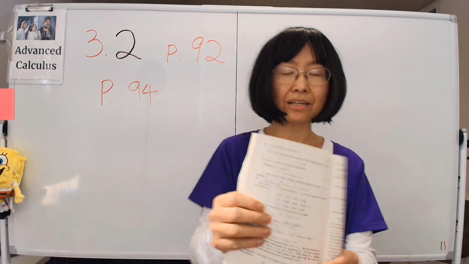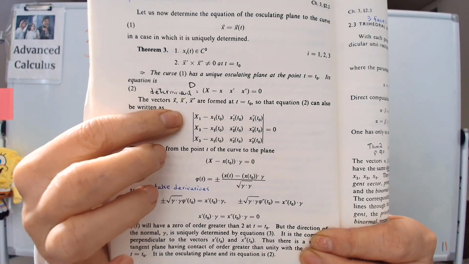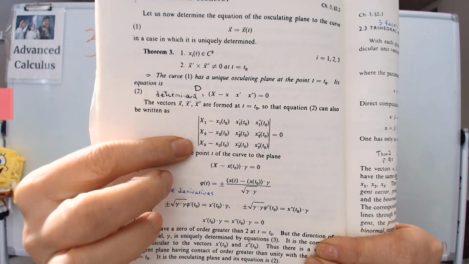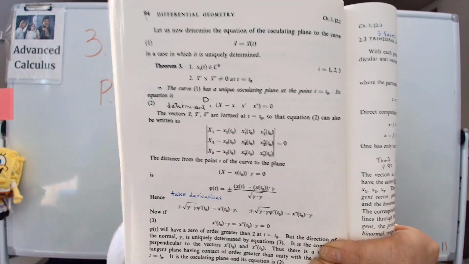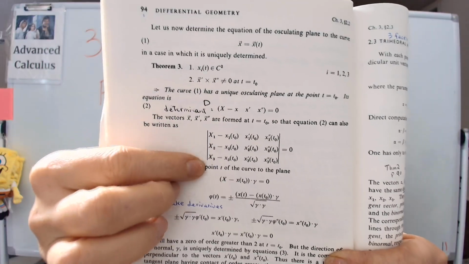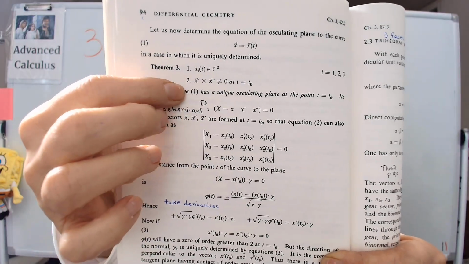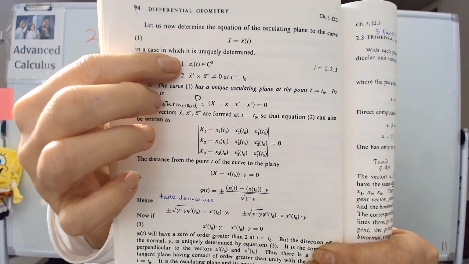To see this in its fully developed form, the determinant is also evaluated at t0. So the whole thing written out looks like this, and that sounds like kind of a pain, but it's not that bad. That's the equation of the unique osculating plane for the curve at some point t equal to t0.